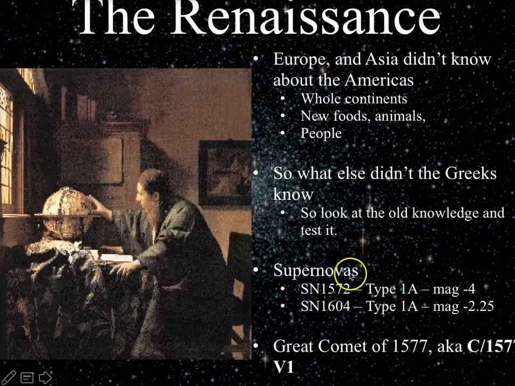And then we had a couple of really strange things happen. One is we had a couple of supernovas. Both are type 1a supernovas. And basically you had something that was as bright as a sun appearing in the daytime. Right? You had a star that was so bright you could see it during the daytime.